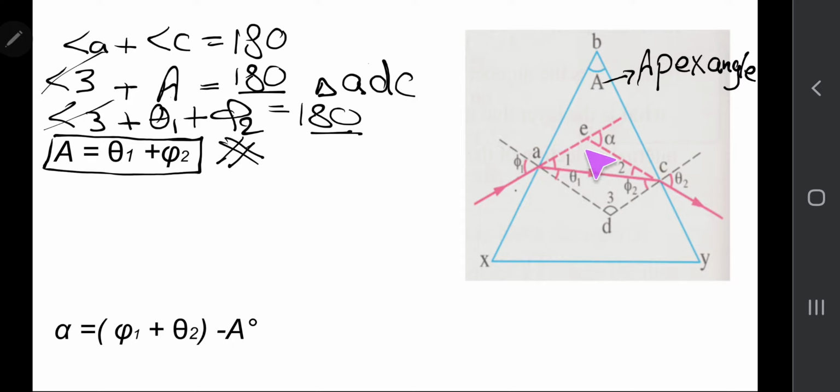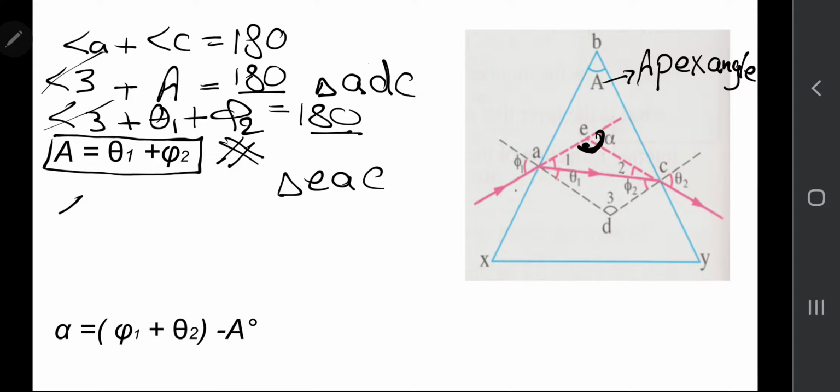From triangle EAC, the sum of angles of a triangle equals 180, and this is a straight angle, equal to 180 also. So this angle is common between the triangle and the straight angle.